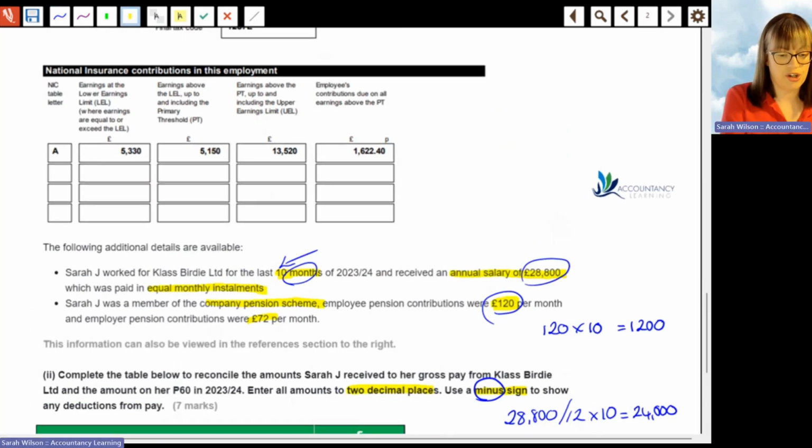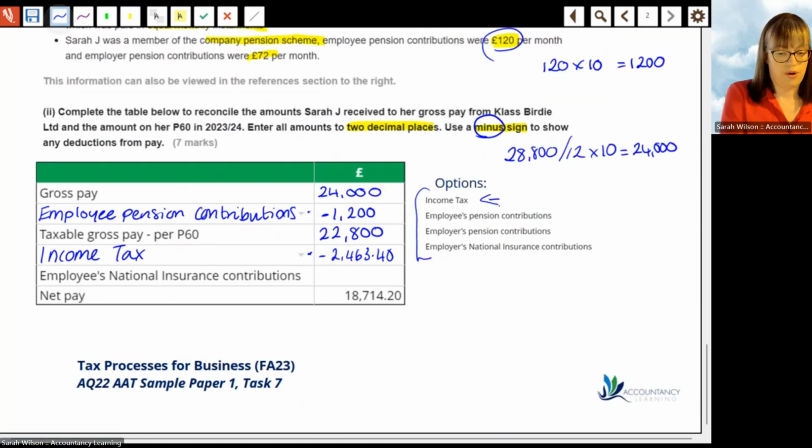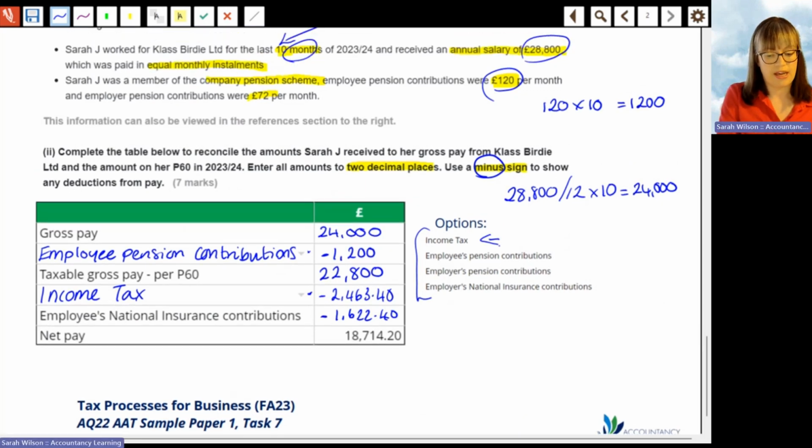And then our national insurance, we've got our national insurance here, and there is the total employees' contribution, which we can now put in here. And when you then calculate that, you will end up with the net pay figure here. So the reconciliation is complete.